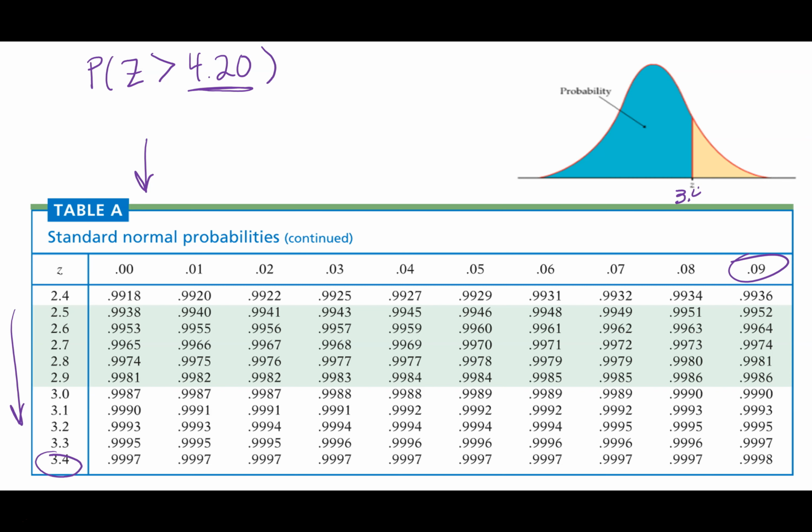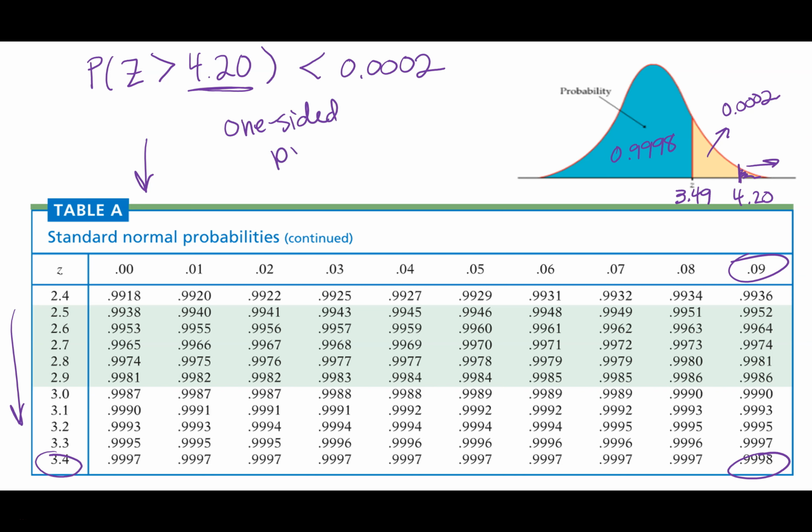So if it were 3.49, this area is 0.9998, and this area is 0.0002. 4.20 is even further over here, which means this area is going to be less than 0.0002. So my one-sided p-value is less than 0.0002. This is pretty small.